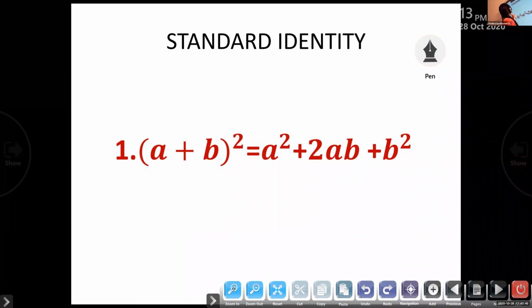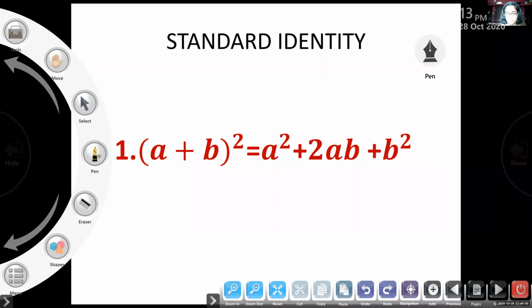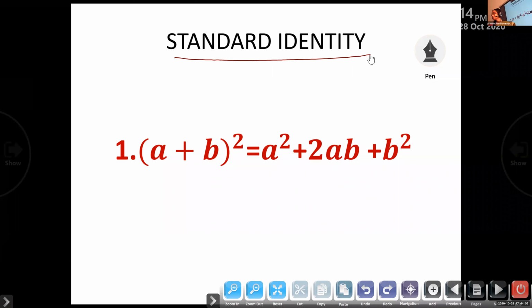Write this identity. Heading: standard identity. Then write a plus b the whole square equal to a square plus 2ab plus b square.